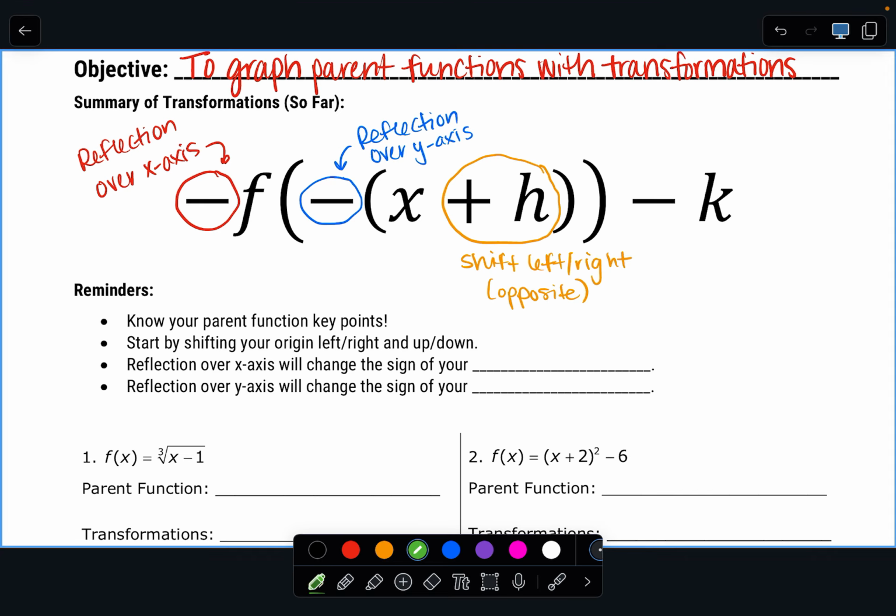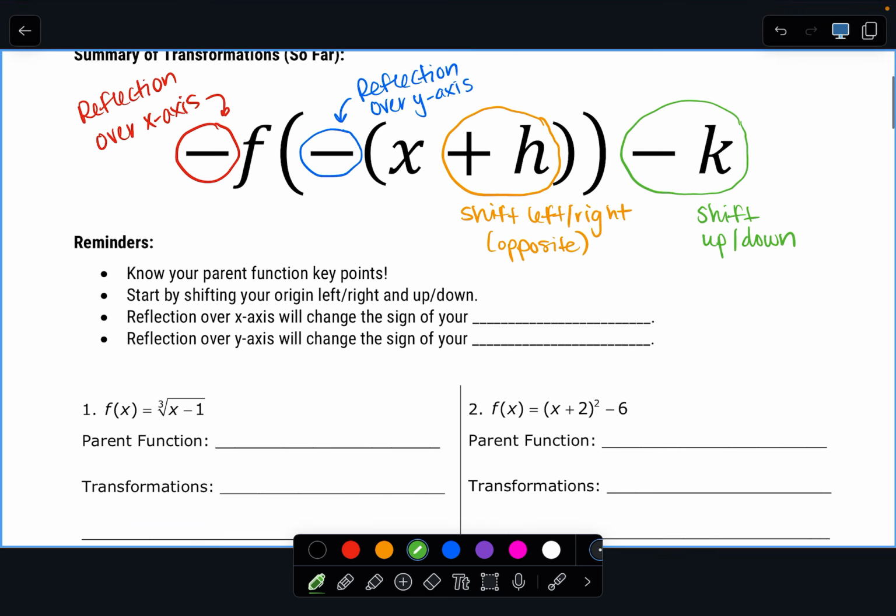And then our last transformation for today, this is our shift up, down. So if I had something with all of these transformations, which is what we'll kind of see today, I'm identifying them as separate things. So I'm not going to necessarily say them as like I only have one. You will identify all 3, or not really 4, but 3 or 2 transformations that you have.